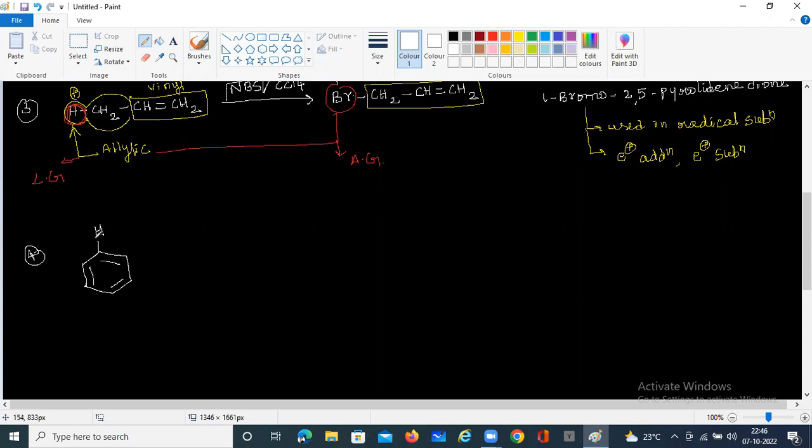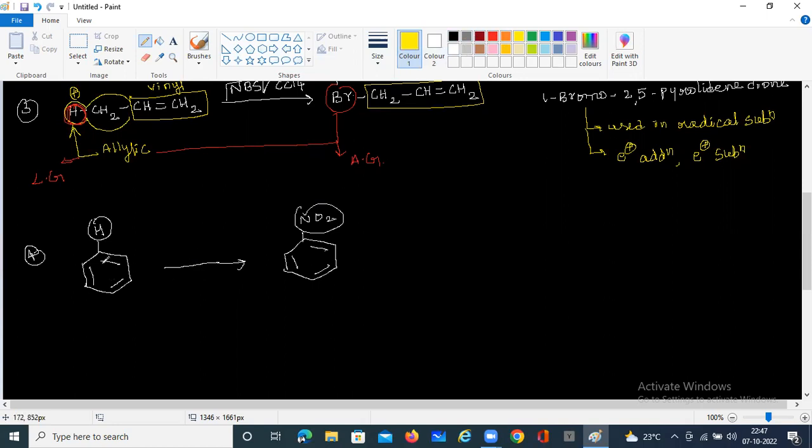So simply here a hydrogen of the ring should be replaced by NO2. Here I am taking the NO2 group. So what type of reagent is present? Could you guess?